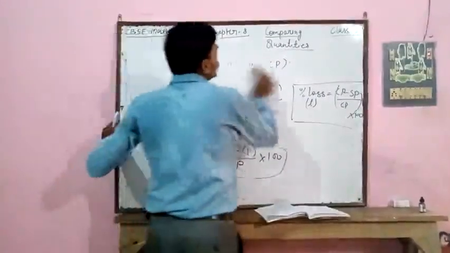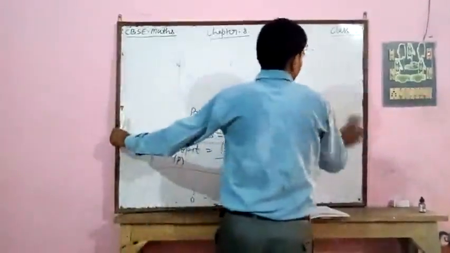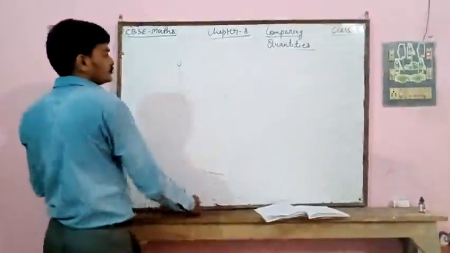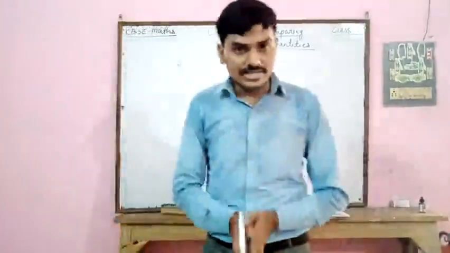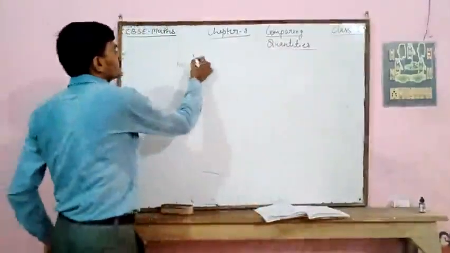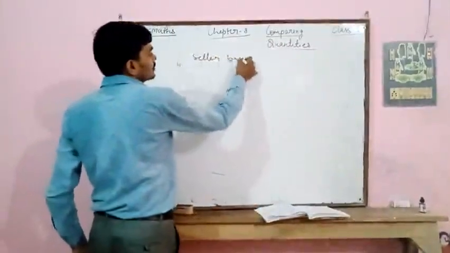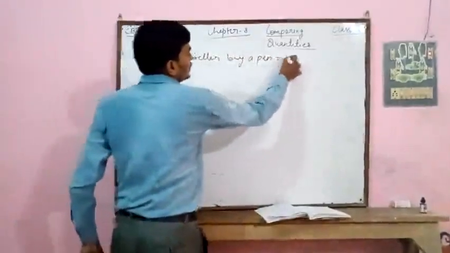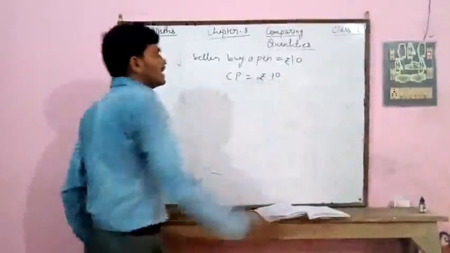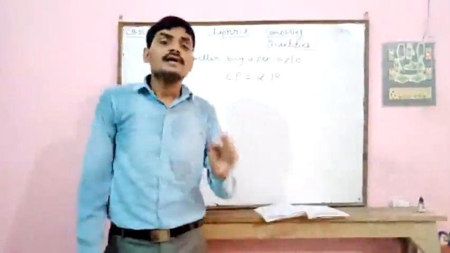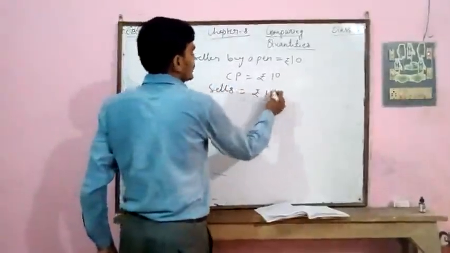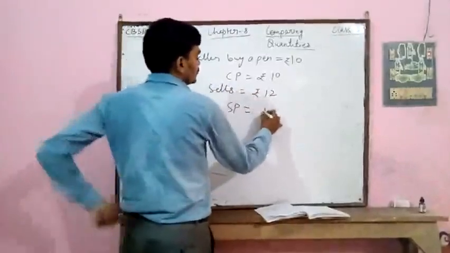Now take an example to understand all these. If a seller buys a pen at 10 rupees, then CP is equal to 10 rupees, and he sells that pen at 12 rupees, so SP is 12.